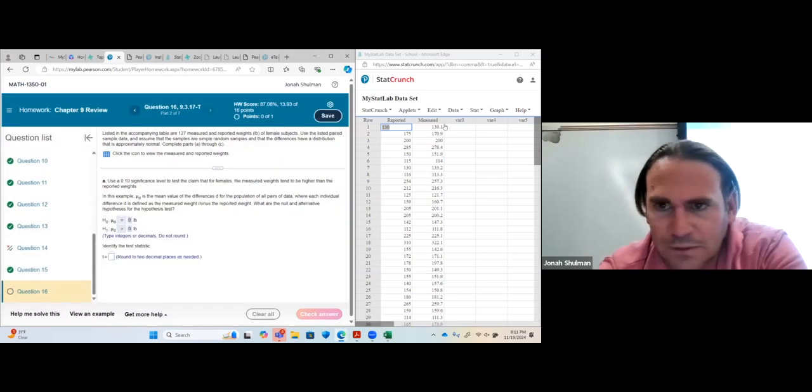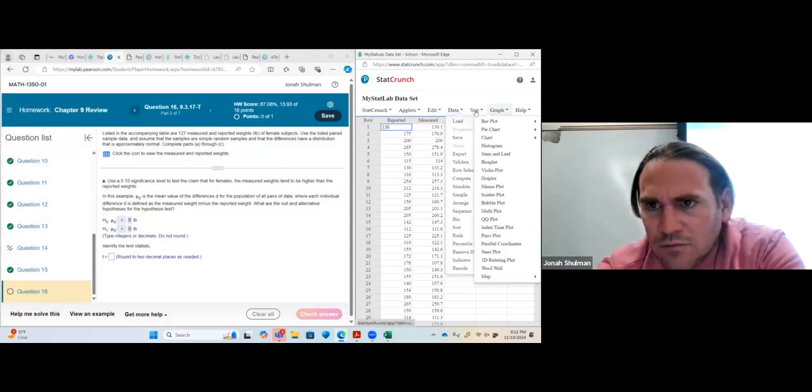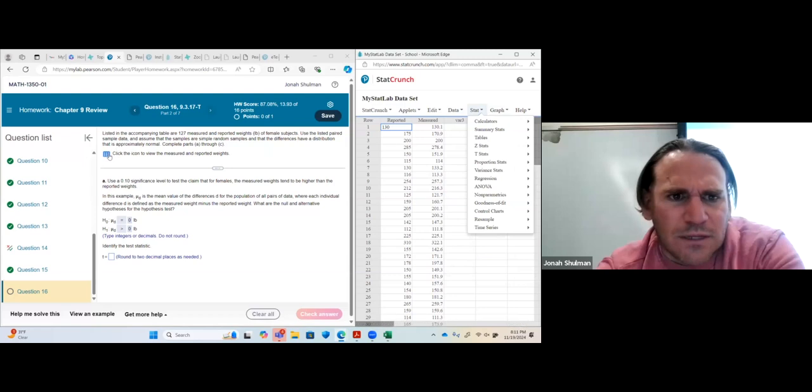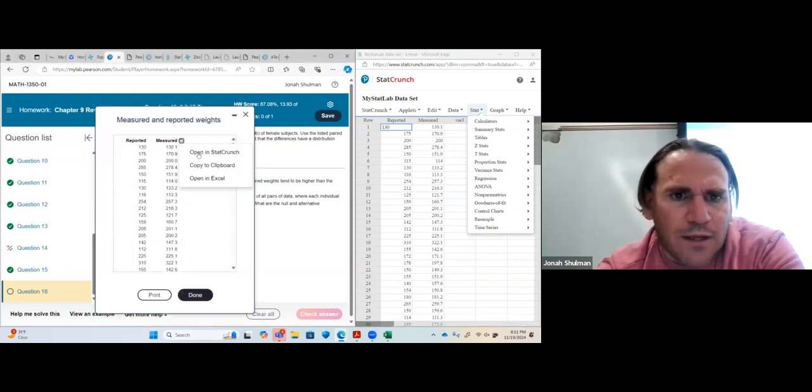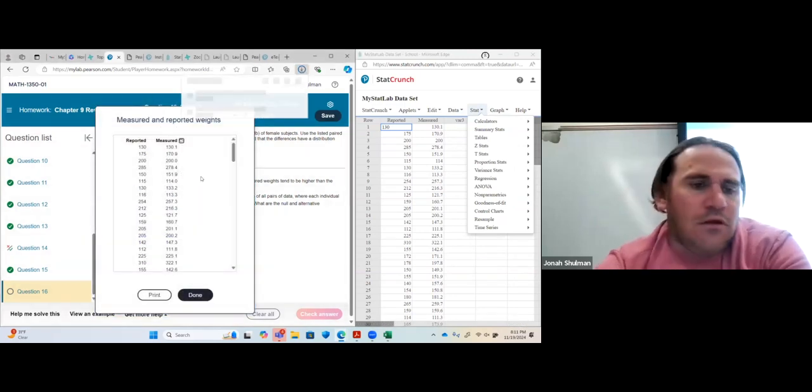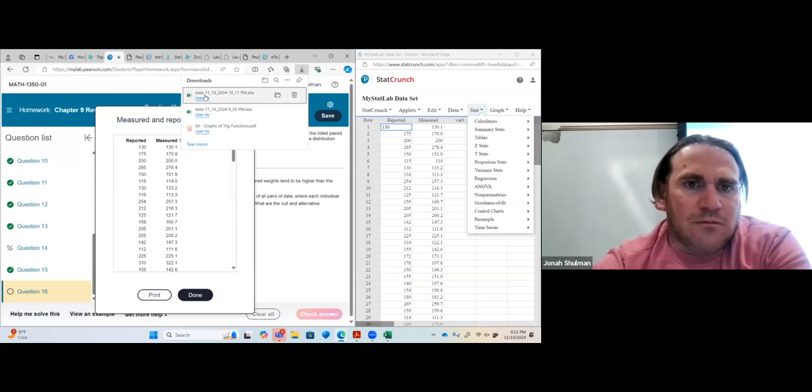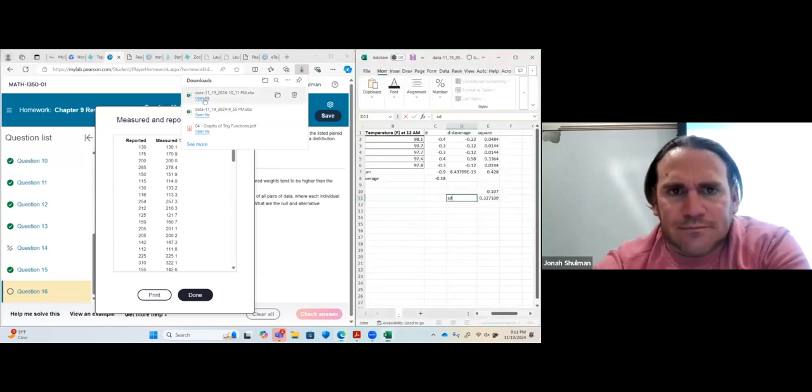Cool. What's the t-stat? Actually, I did so many of them, I'm going to do it in Excel. Why not see it in Excel? There's one last problem to do. Might as well see it in Excel, as long as it opens. Could have just copied and pasted it.